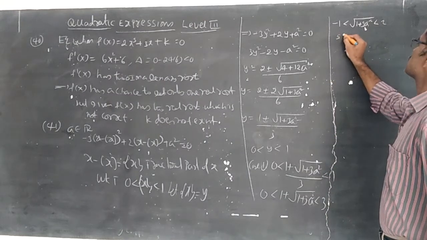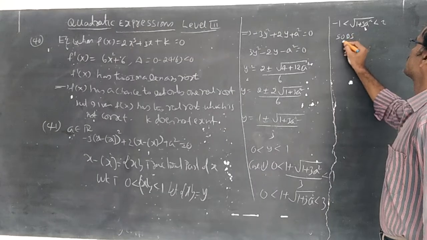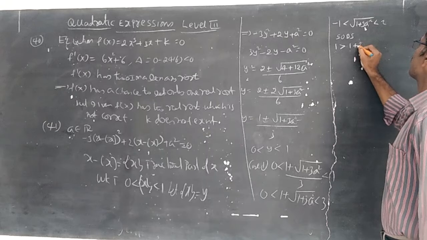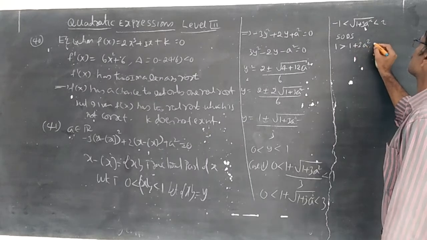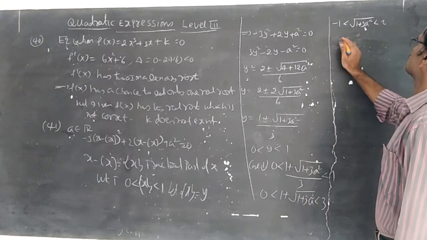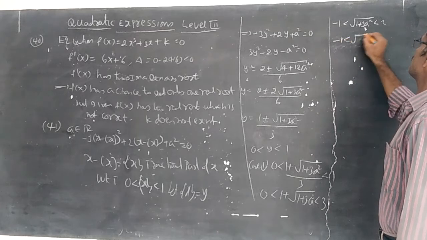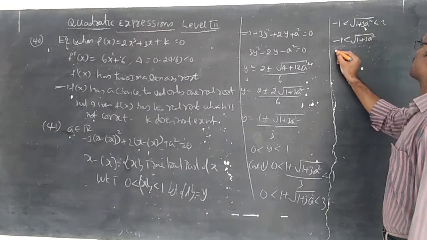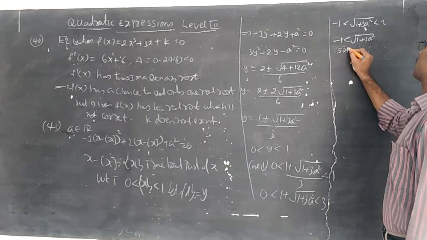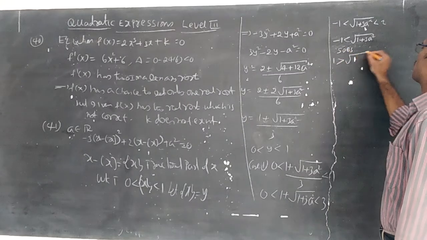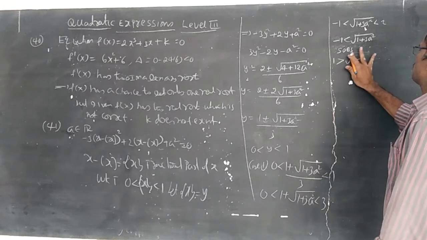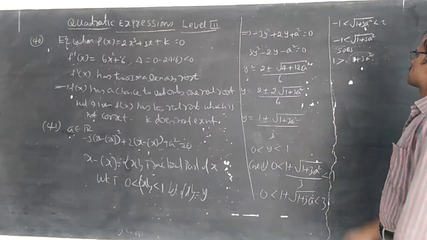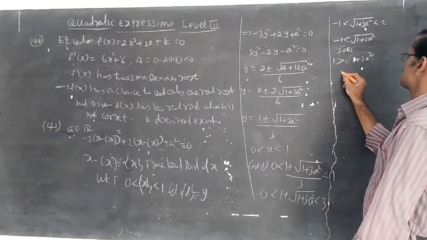Squaring both sides, two cases we should use. Minus 1 less than root of 1 plus 3a square, this is a case. Whenever squaring both sides, it becomes 1 greater than 1 plus 3a square.